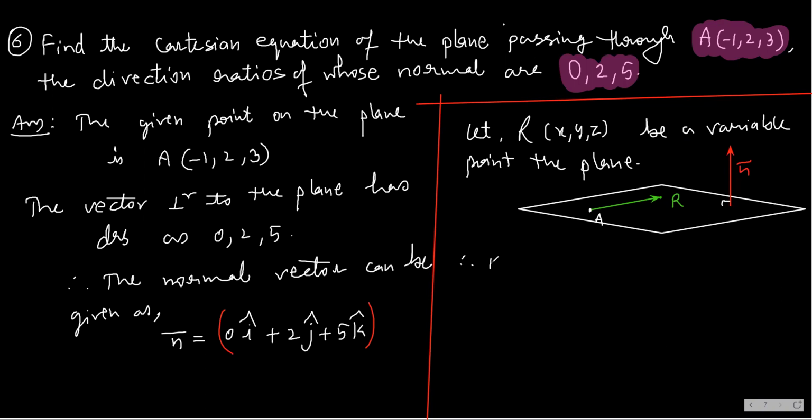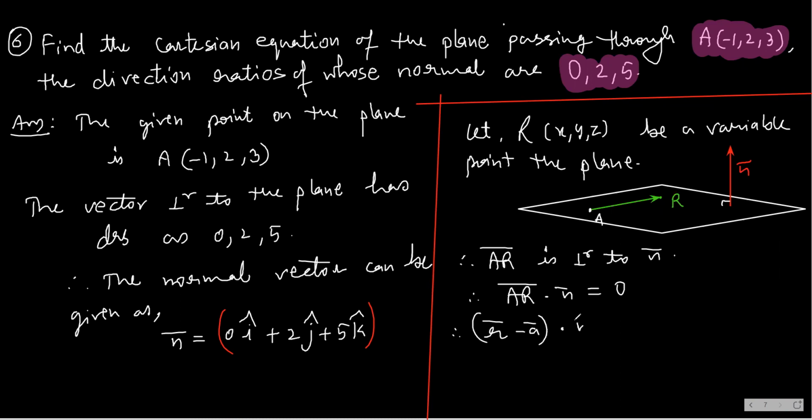I will write therefore AR bar is perpendicular to n bar. Therefore, AR bar dot n bar is 0. Therefore, (R bar minus A bar) dot n bar is 0. So, R bar dot n bar minus A bar dot n bar is 0.